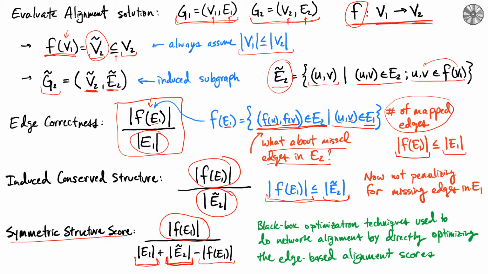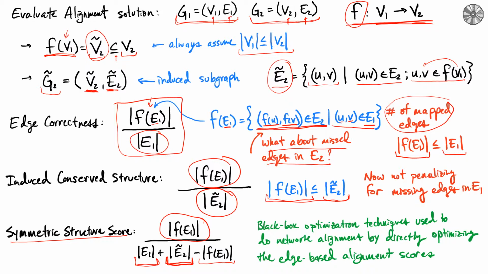So you have to get a completely perfect matching in order to attain a score of 1 in this case. So this is a way that you can include both missing edges in G1 and G2, but still get a score that tells you how well you're doing by mapping those edges.